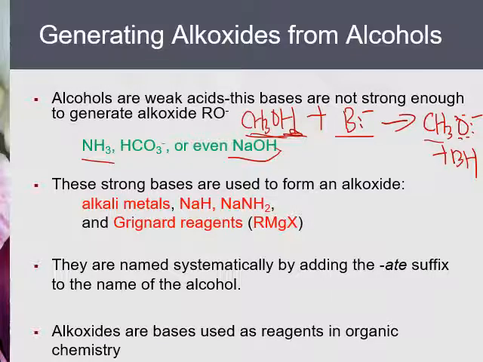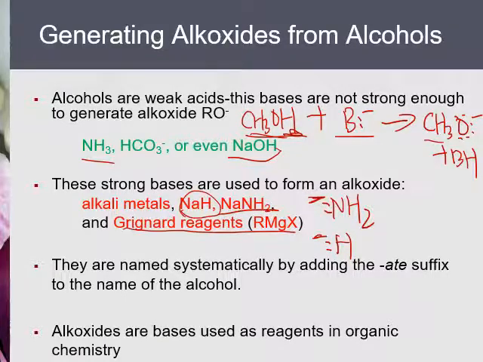For 100% conversion, strong bases are needed, such as amide, sodium amide, a very strong base. Hydride, sodium hydride, hydrogen with a negative charge, is also a very strong base. You may remember Grignard reagent, CH3 negative charge with magnesium bromide, which is a very strong base.